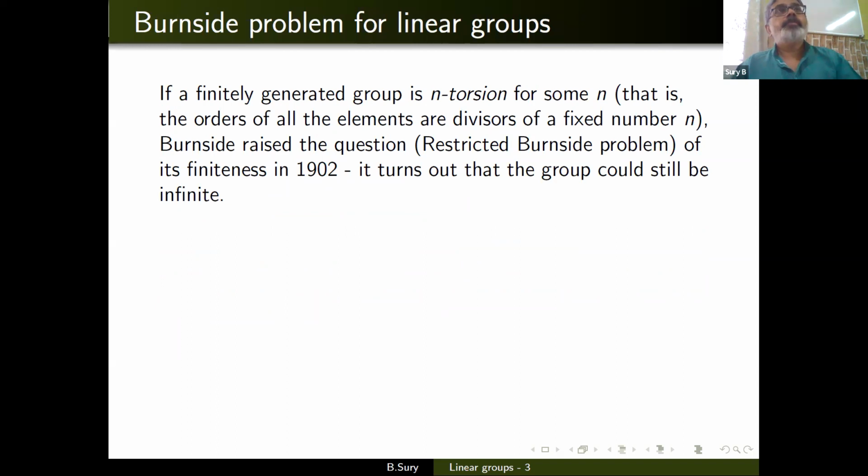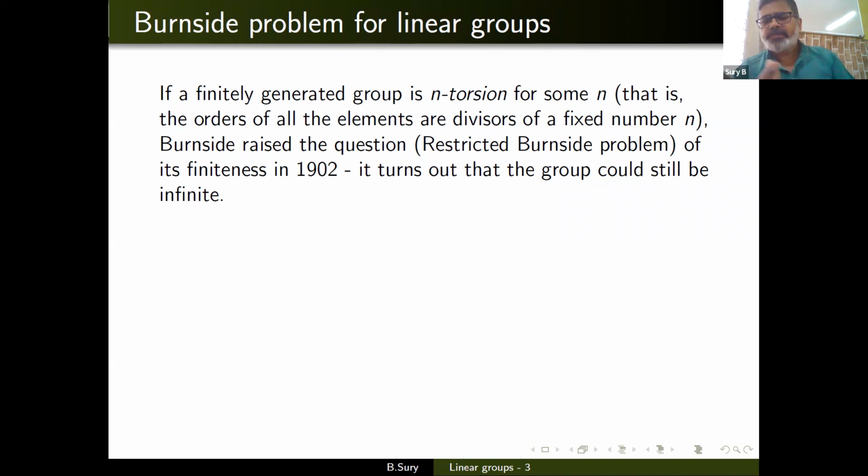Now, I have time. If a finitely generated group is n-torsion, that means every element satisfies g to the power n equals identity, is the group finite? Burnside asked this question. So if there is an n such that every element satisfies g to the power n equals identity, and the group is finitely generated.